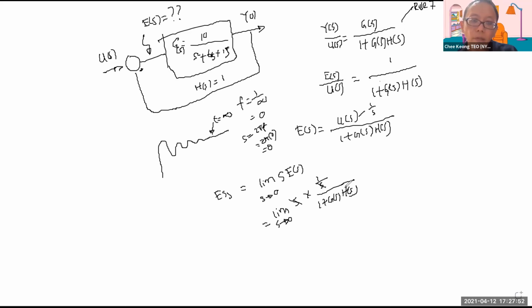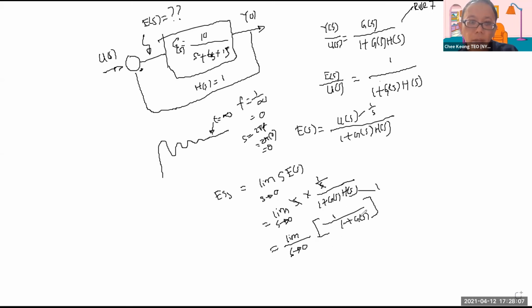So you are left with the limit as S approaches 0 of 1 over 1 plus G of S.